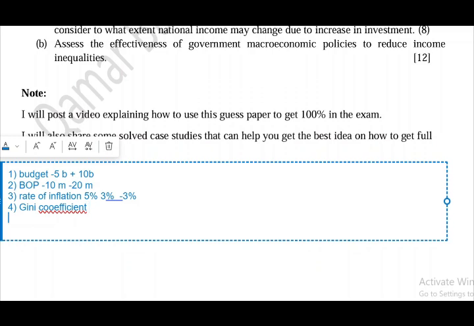Another important thing is nominal and real value, nominal and real GDP, or nominal and real wages. The examiner uses these terms.